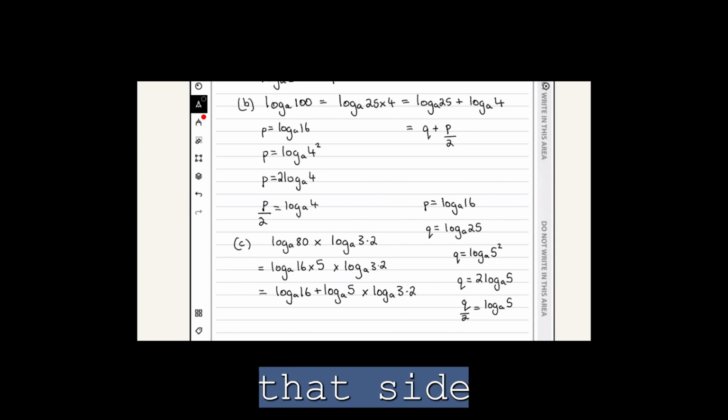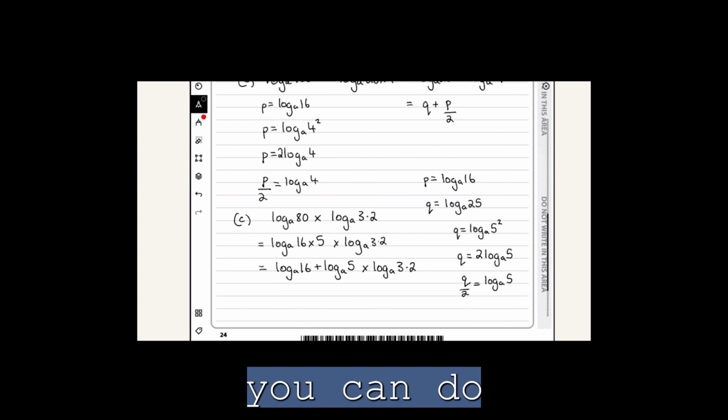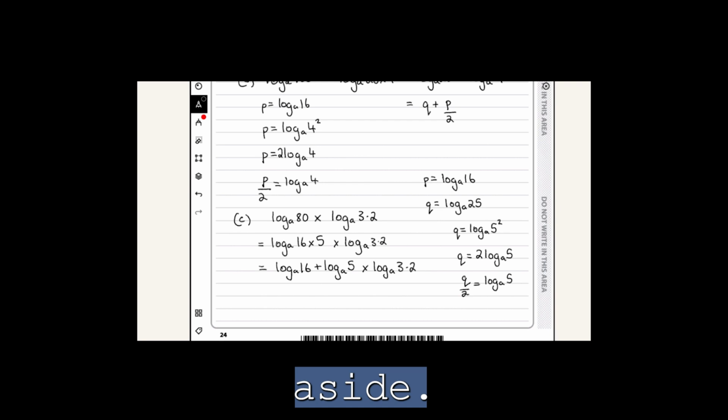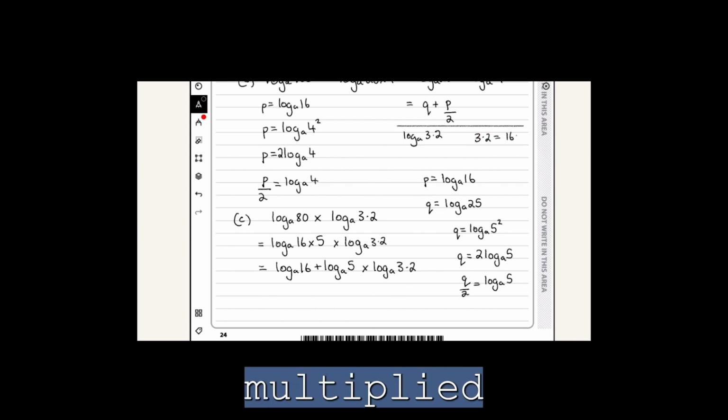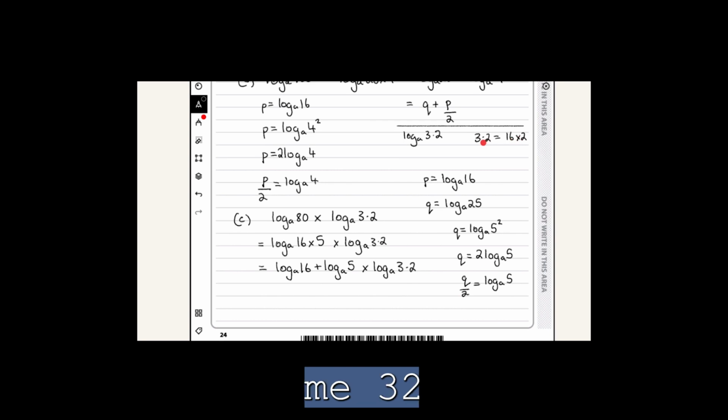Let's just take that aside for a minute. Remember, one of the things that you can do if you are presented with a lot of information, you can take some of that information aside. Let's take this log A of 3.2 aside for a second. 3.2 is the same as 16 multiplied by 2, which gives me 32 divided by 10.